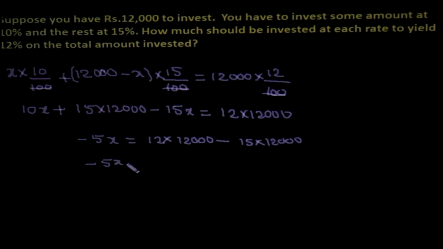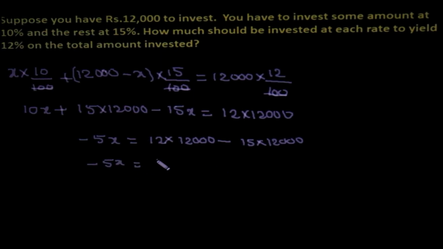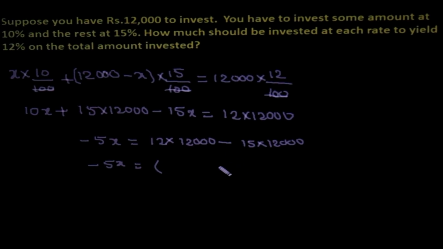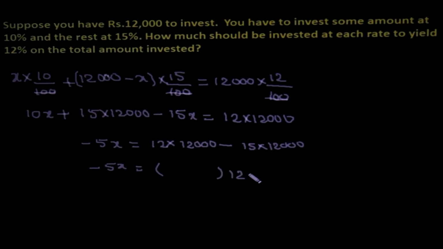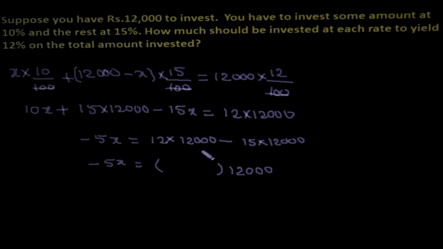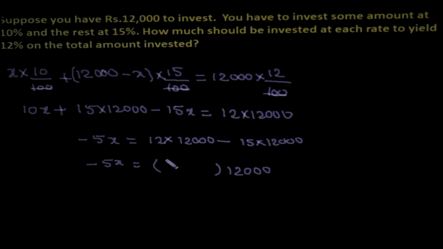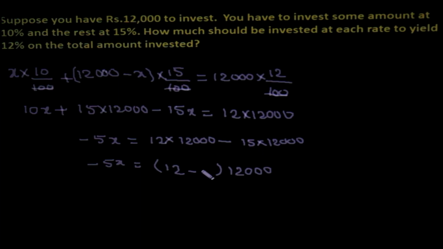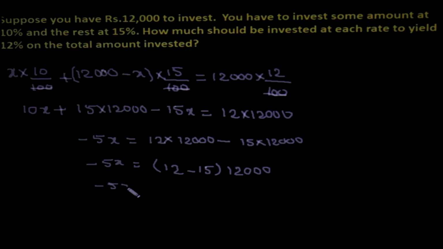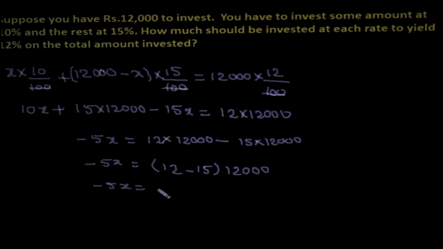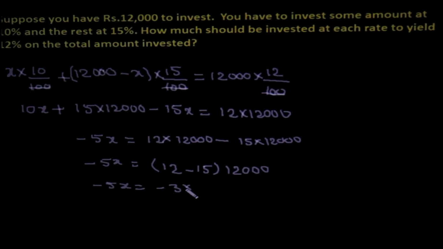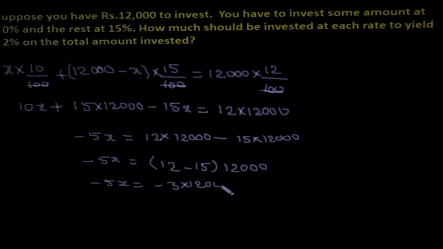Minus 5x is equal to, 12,000 is common in both, therefore 12 minus 15. Minus 5x is equal to 12 minus 15, which is minus 3 into 12,000.